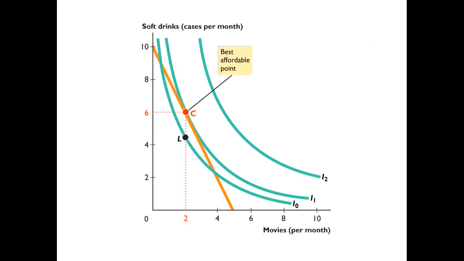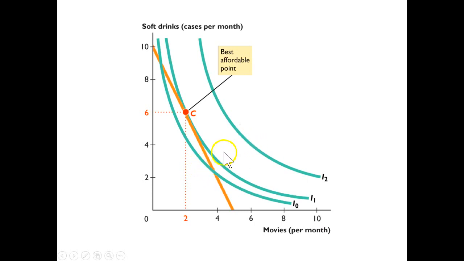So what we know is this: our consumer will want to get to the highest indifference curve they can, but they will be constrained by the budget line. They would like to be on indifference curve I2, but they can't get there. The budget line constrains them.